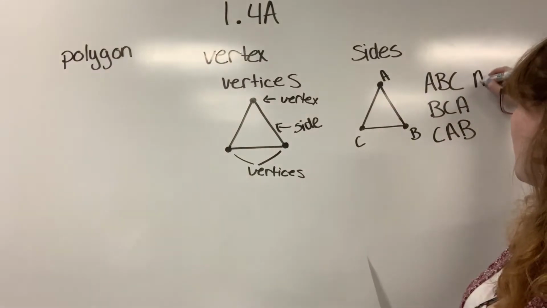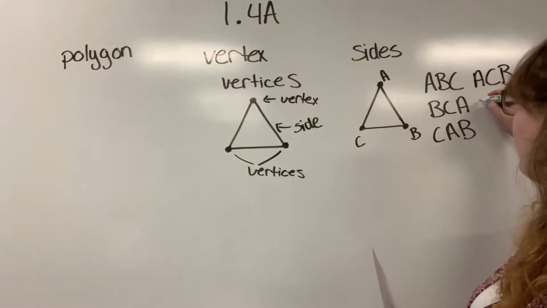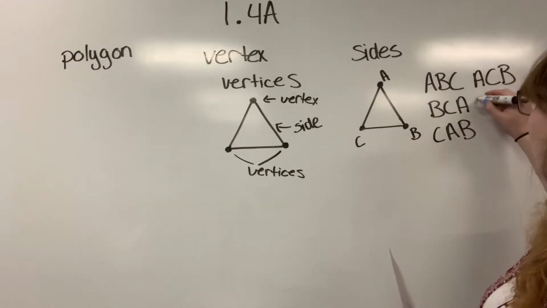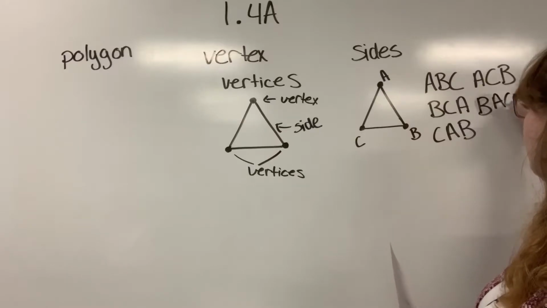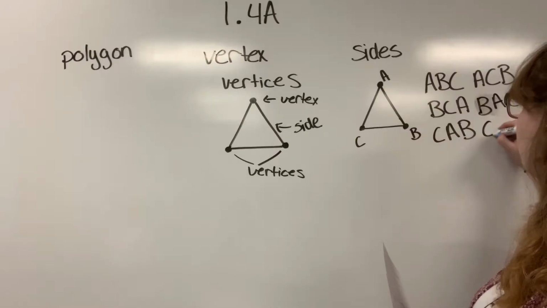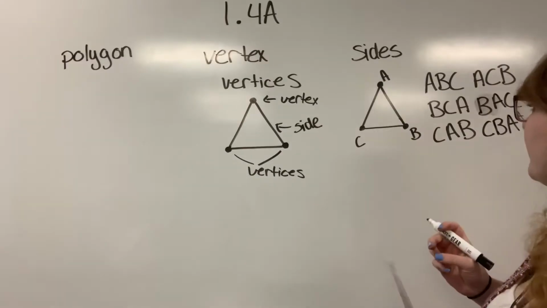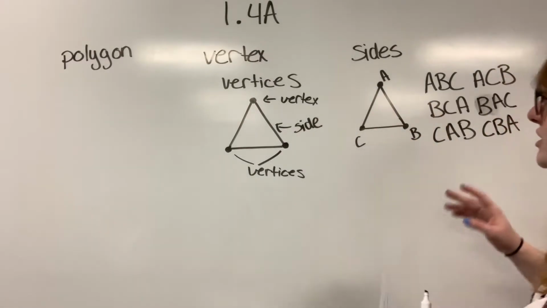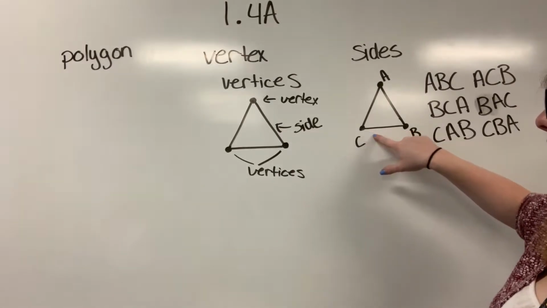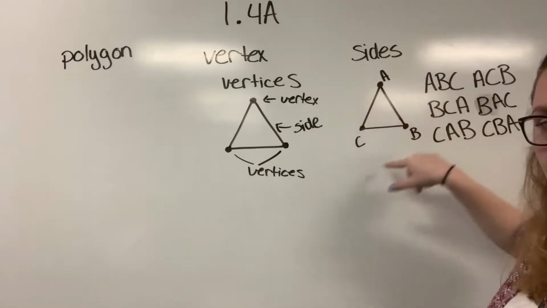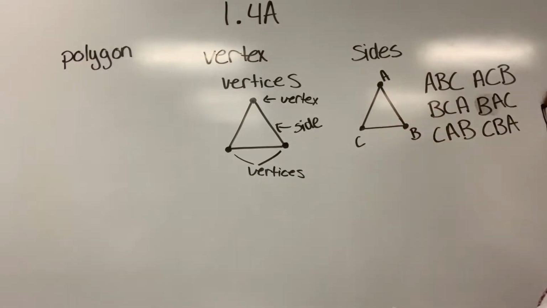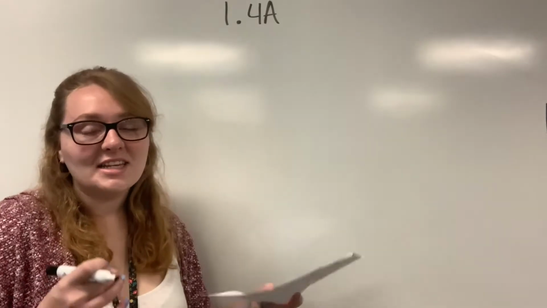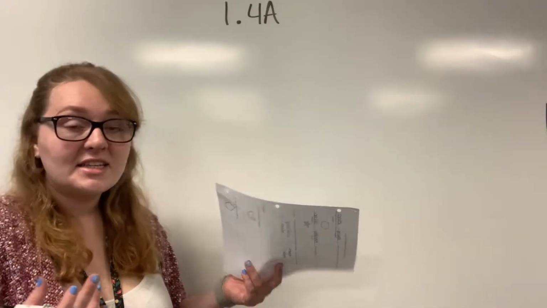So it could be ACB, BAC, or CBA. Okay, so we can pick a point and go around in one direction or the other. It just has to be, we go from one to the next one, whether that be you're moving clockwise or counterclockwise.